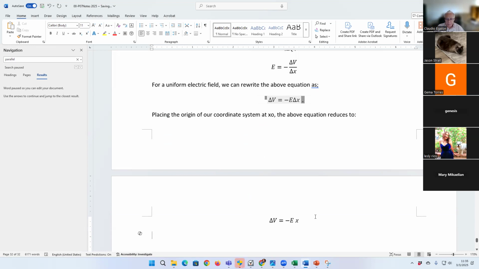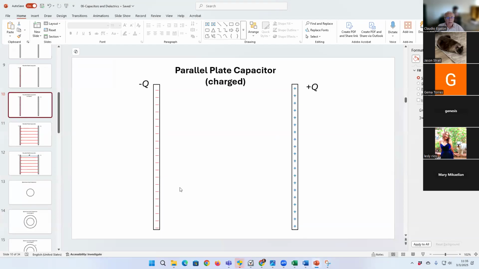So what does it mean? It means, here you go. It means that from left to the right, you know, the delta V changes linearly with X. Suppose I put an X axis in this direction here, okay? So that's what it means, okay?